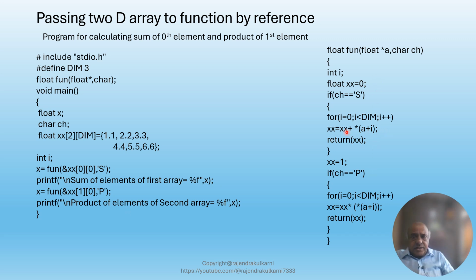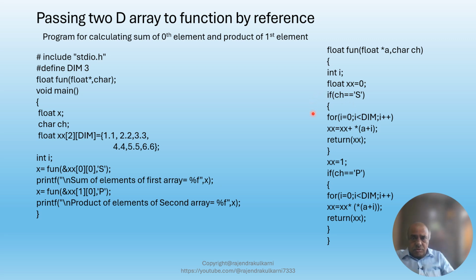We can see that through this value-at operator or indirection operator star, we are taking out the values contained in the addresses evaluated by this expression a plus i.